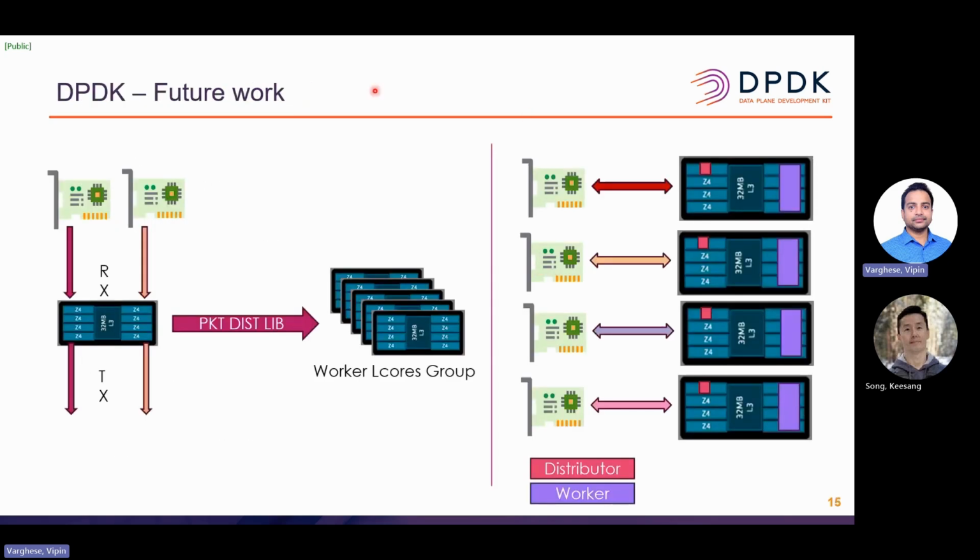Just to give a glimpse, if we did not have LLC awareness in the case of AMD EPYC, the packet distributor library would simply blindly put the packets across multiple L cores within the CCX, and mostly it would be in sequential format. But with LLC awareness, we are telling it these are the set of worker cores.